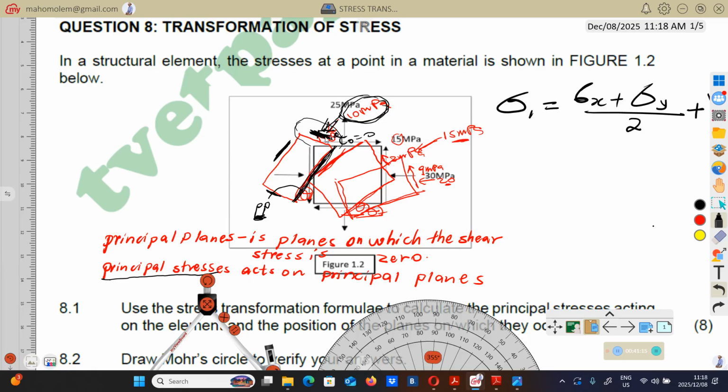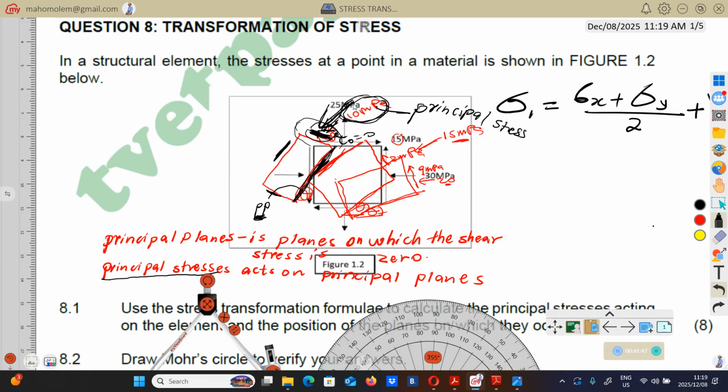So since there is no shear stress here, then this plane is a principal plane. Then on this plane, we are finding the stress of 10 MPa. So the stress that acts on the plane where there is no shear stress, we're going to call principal stress. And therefore, this 10 qualifies to be called the principal stress.